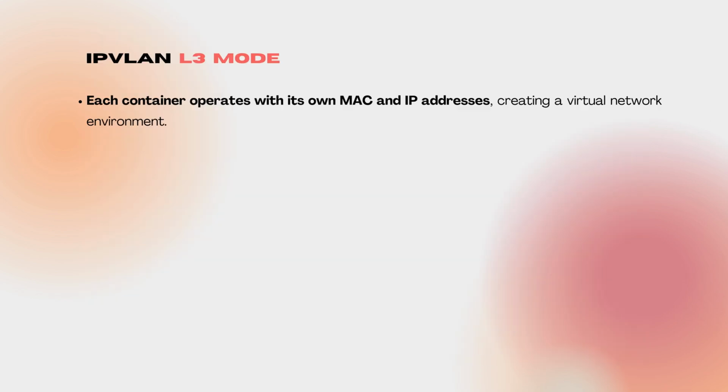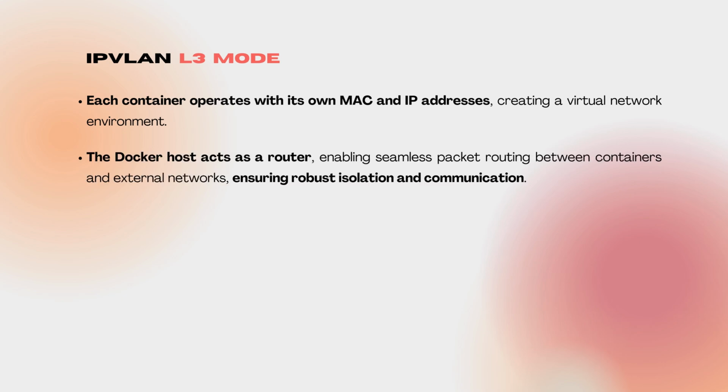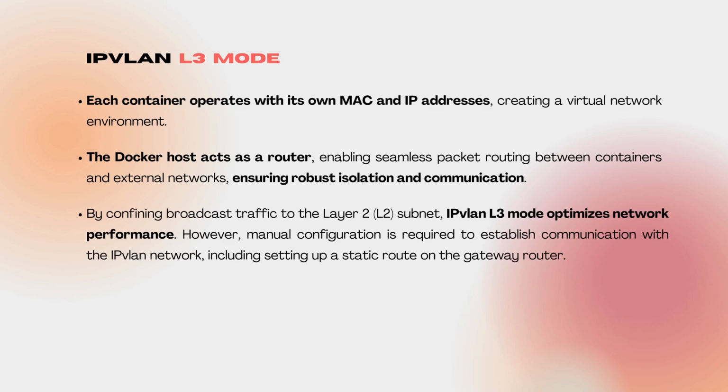In Docker's IPvlan layer 3 mode, each container operates with its own MAC and IP addresses, creating a virtual network environment. The Docker host acts as a router, enabling seamless packet routing between containers and external networks, ensuring robust isolation and communication. By confining broadcast traffic to the layer 2 subnet, IPvlan layer 3 mode optimizes network performance.